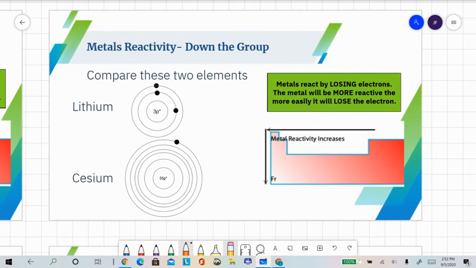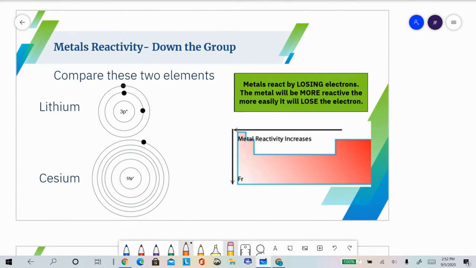Looking at metal reactivity down the group, if we look at lithium and cesium, lithium's here and cesium is way down here. We see in this Bohr model for cesium, I didn't draw all the electrons, it just would be too messy, that there are more energy levels between this electron and its 55 protons.